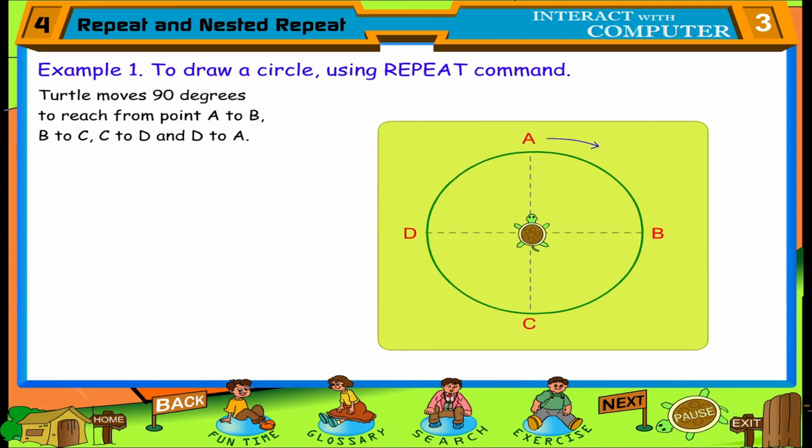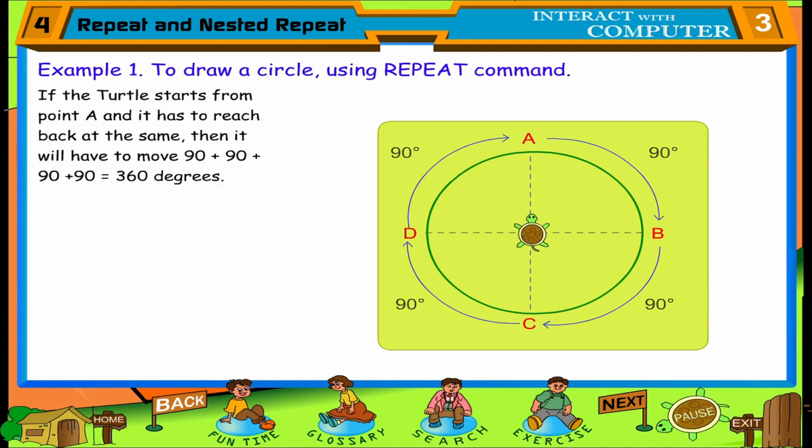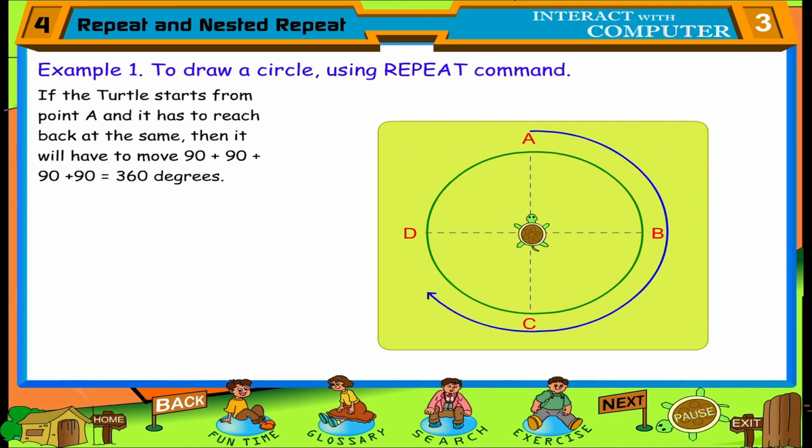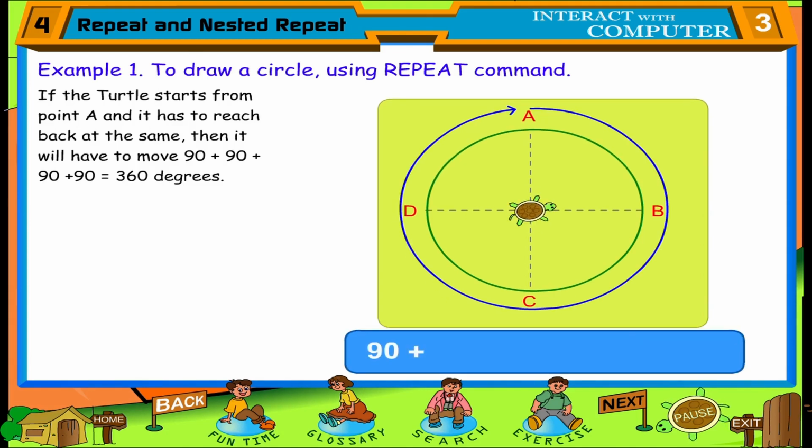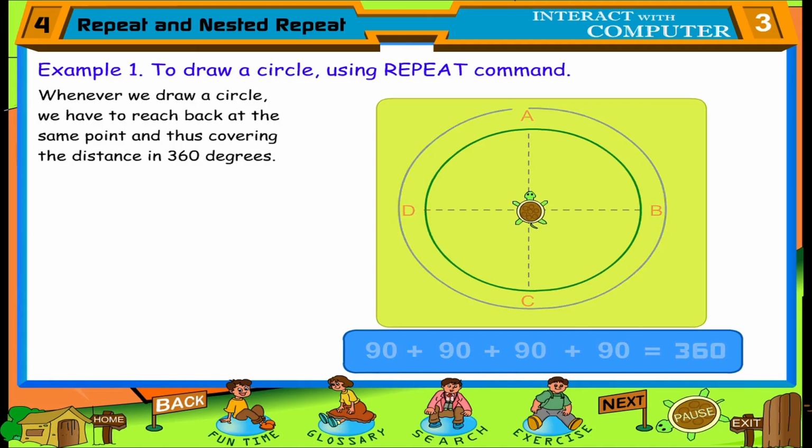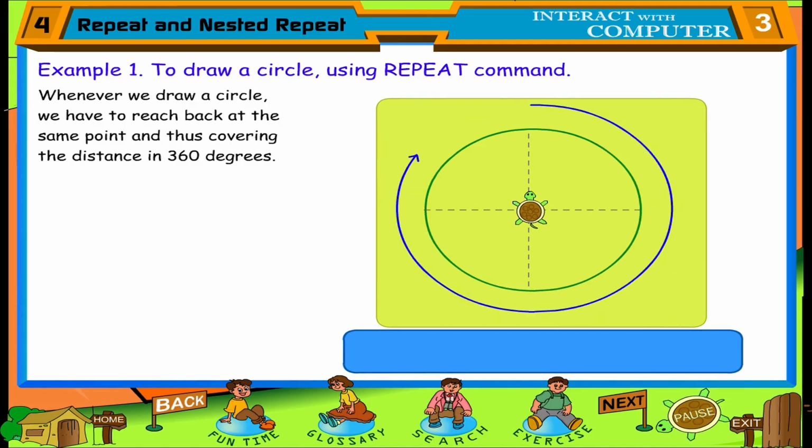Turtle moves 90 degrees to reach from point A to B, B to C, C to D and D to A. If the turtle starts from point A and it has to reach back at the same point, then it will have to move 90 plus 90 plus 90 plus 90 is equal to 360 degrees. Whenever we draw a circle, we have to reach back at the same point and thus cover the distance in 360 degrees.